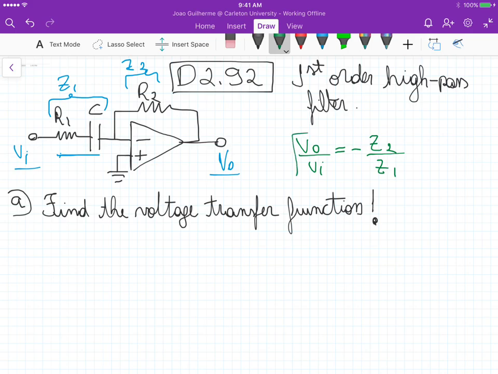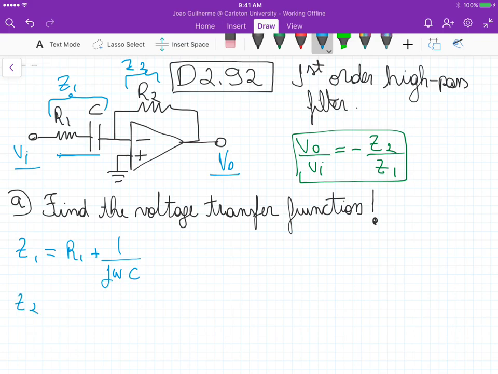The same as an inverting amplifier, but now using impedances. Okay, this is the analysis in the frequency domain. It simplifies the analysis of the circuit. So we can write Z1 as R1 plus 1 over j omega C, and Z2 equals R2, right?